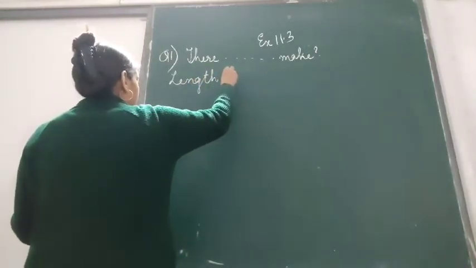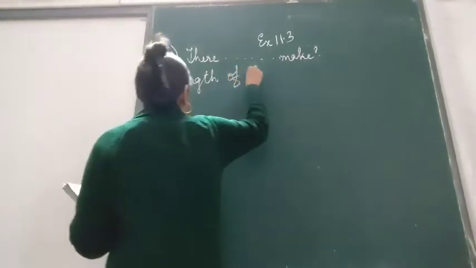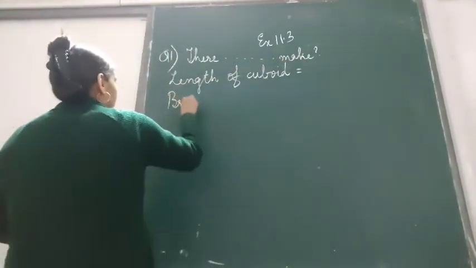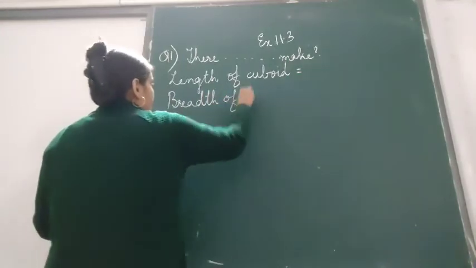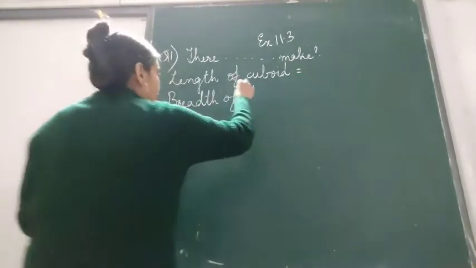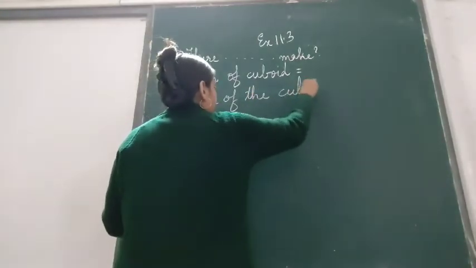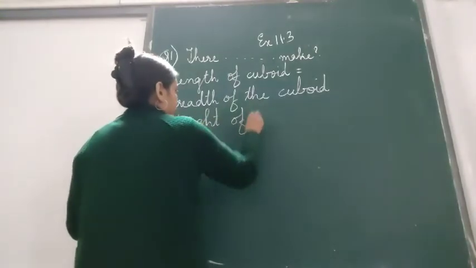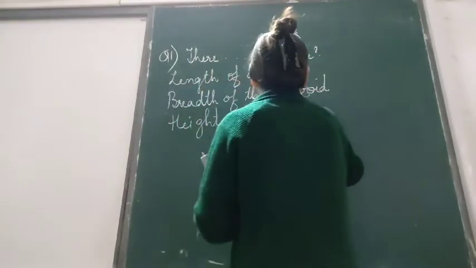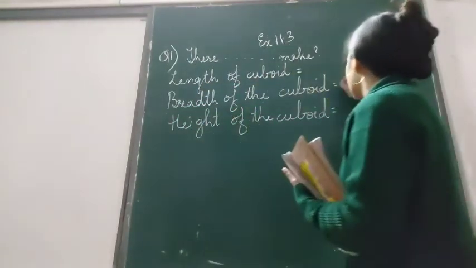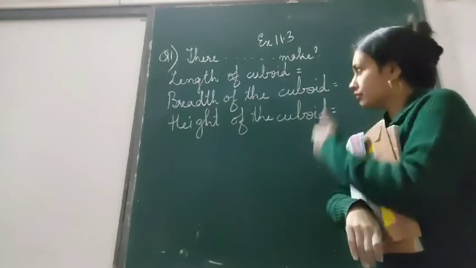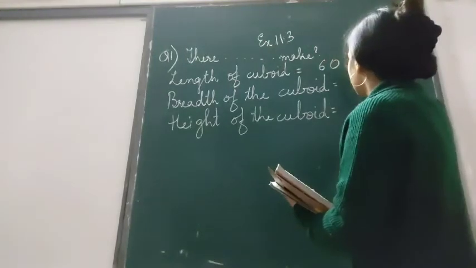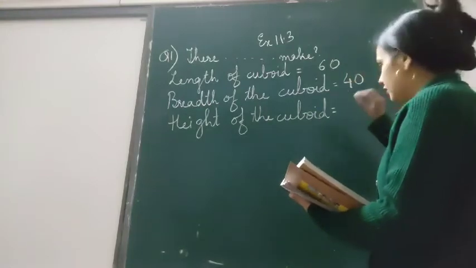Length of the cuboid, breadth of the cuboid, height of the cuboid. So length is 60, 40 and 50.